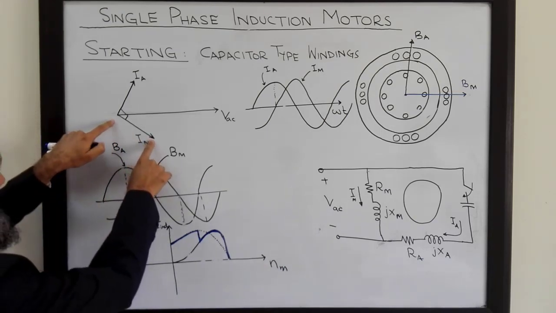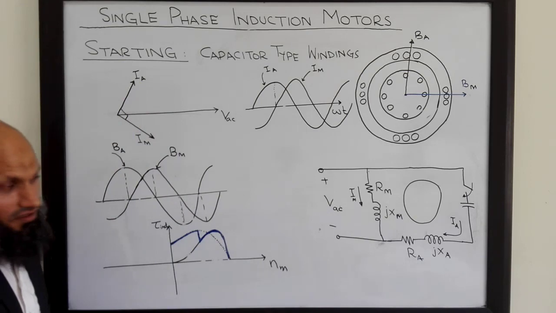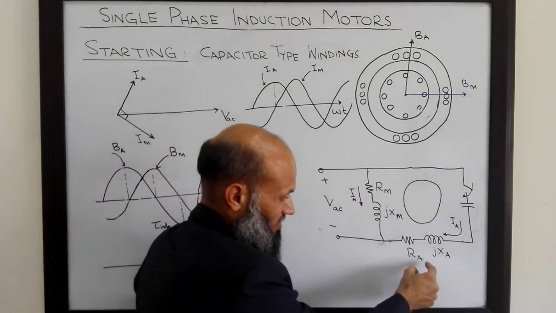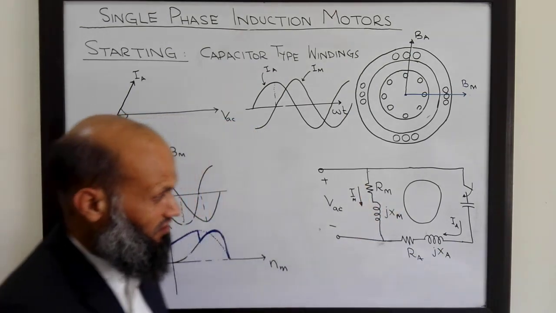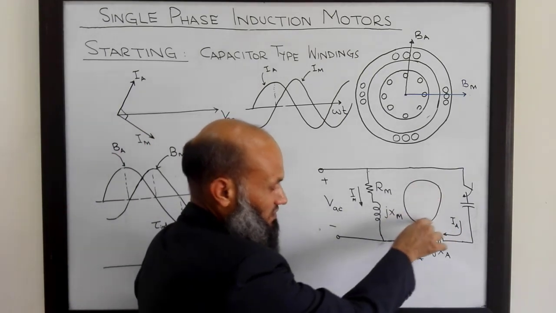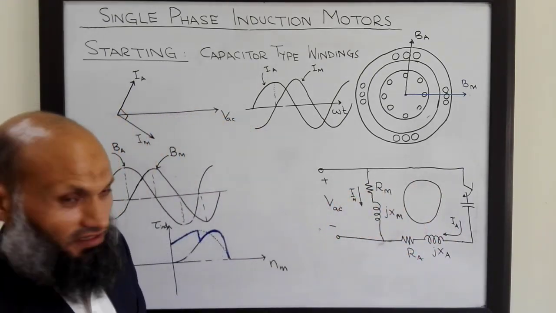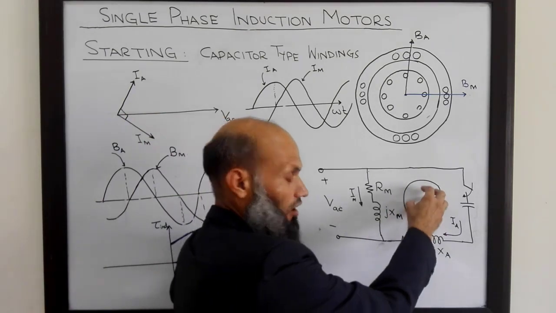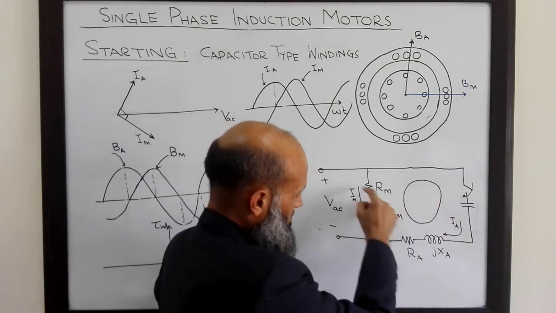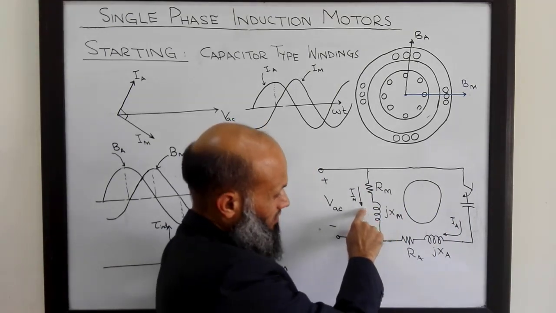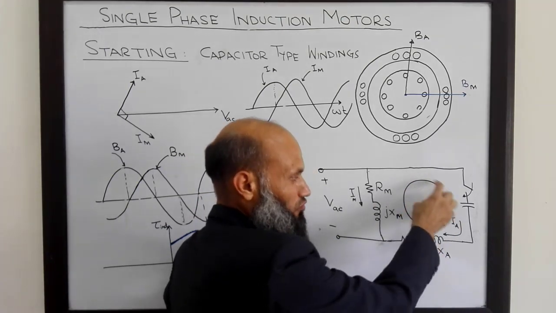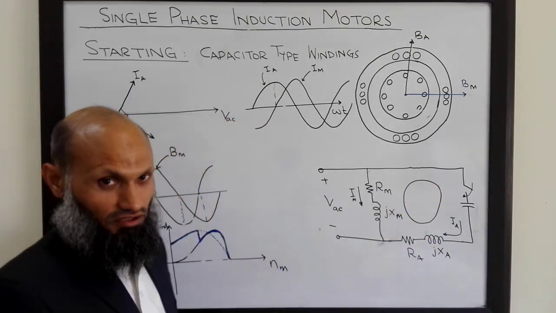However, these currents IM and IA not only depend upon the voltage, the inductive reactance and the resistance of these windings, but in addition these currents also depend upon the rotor and how much load we have connected to it. So the magnitudes and phase angles of the currents in these windings depend upon the load connected to the rotor.